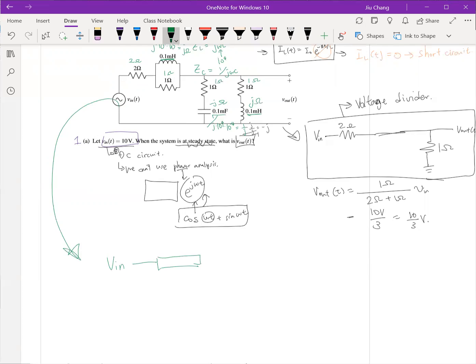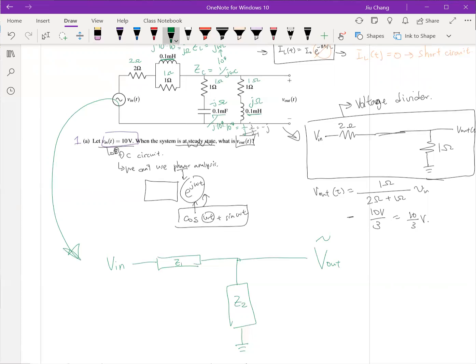So I will say we have one impedance, namely Z1 here, and another impedance, which is Z2 there, and this goes to ground. And here we have V out.